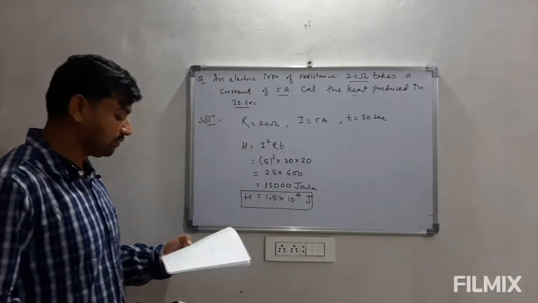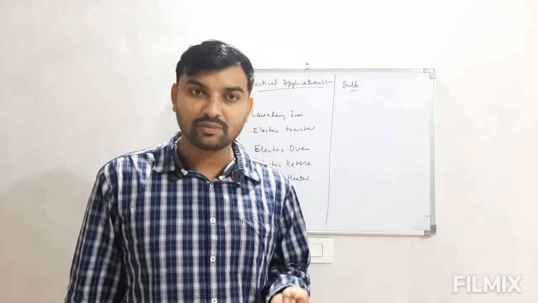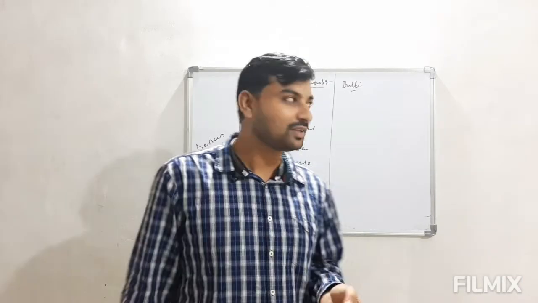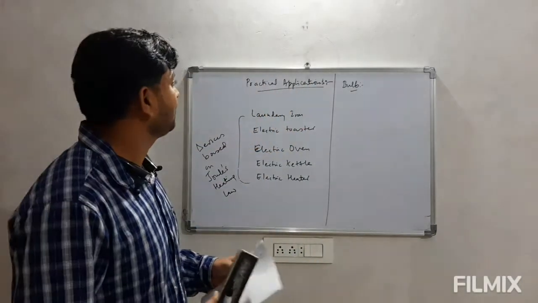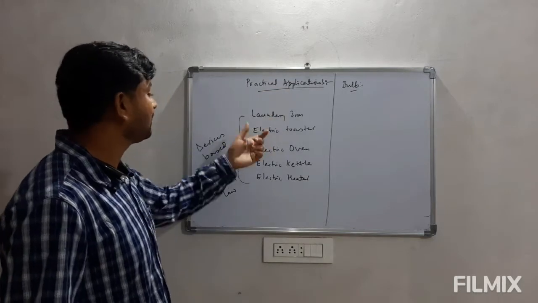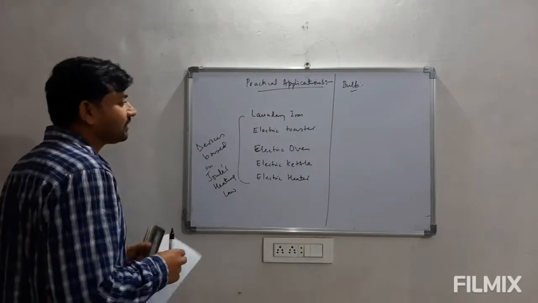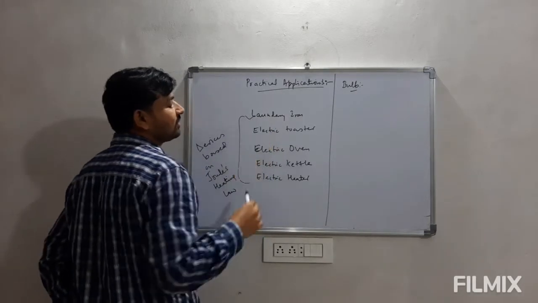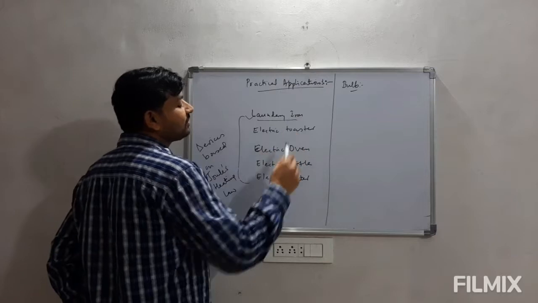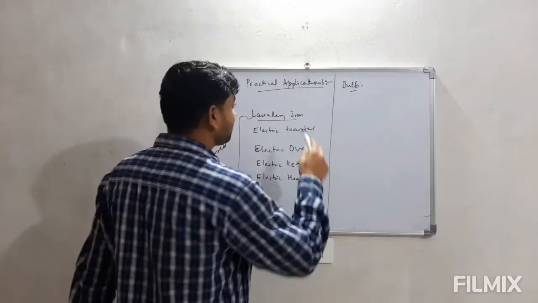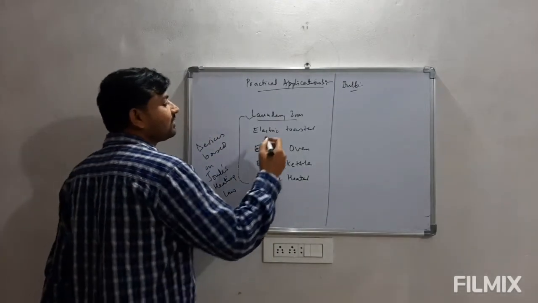So this is all about it. Now let us come and discuss some practical applications based on Joule's law of heating. Here I have written certain examples where we use the heating effect of electric current. First one is laundry iron. In an iron, we see that if we connect it to a power source, after some time it gets heated.